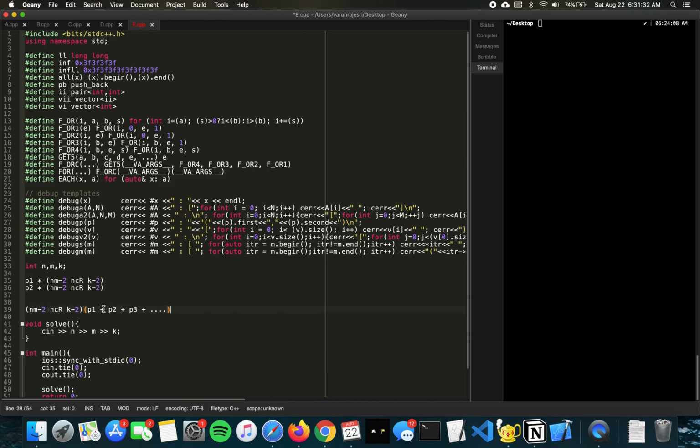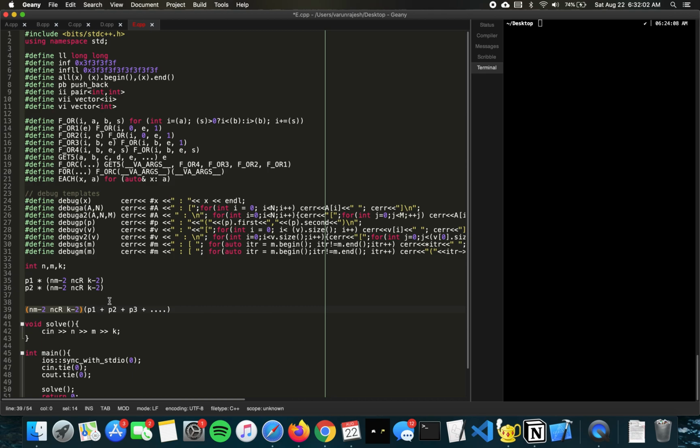So essentially this problem breaks down to nm minus 2 choose k minus 2 times the sum of all the Manhattan distances of all the pairs in the grid. We can do this fast enough, but we need a fast way to calculate the sum of all the Manhattan distances of all pairs in the grid.